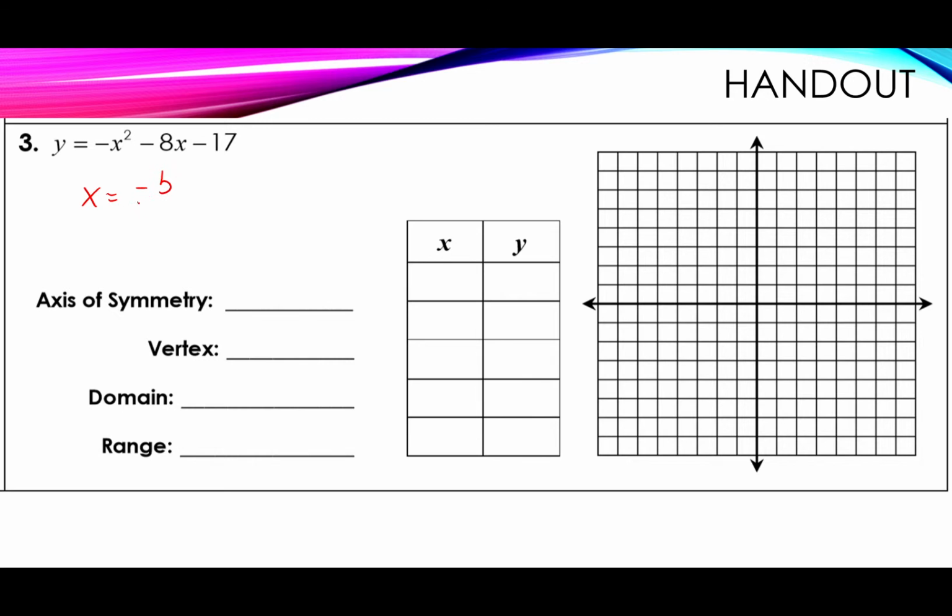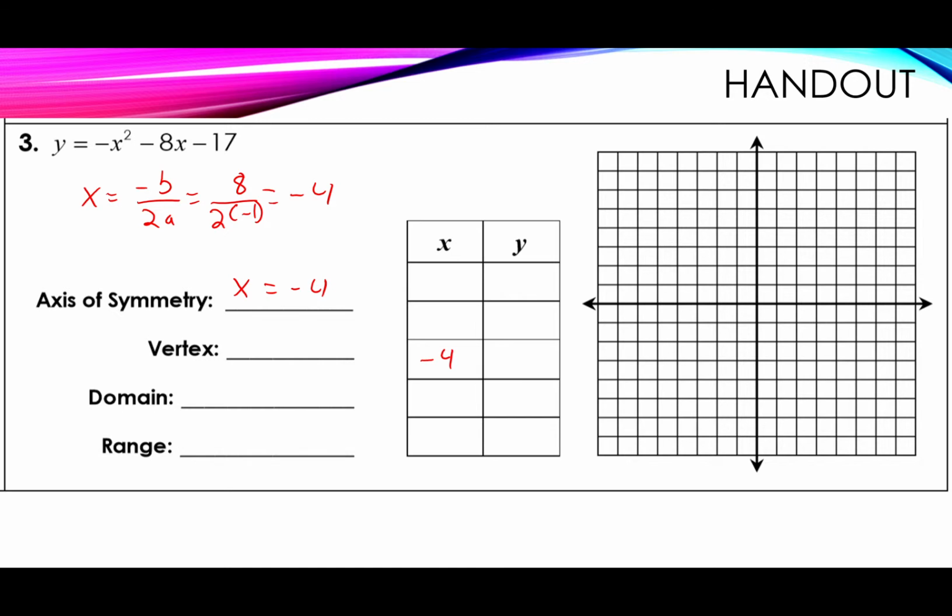It's -b over 2a. My b here is -8, so it becomes +8 when I plug it in. And 2a, and my a here is -1, so 2 times -1, and that's going to get me -4. Okay, so axis of symmetry is x equals -4.